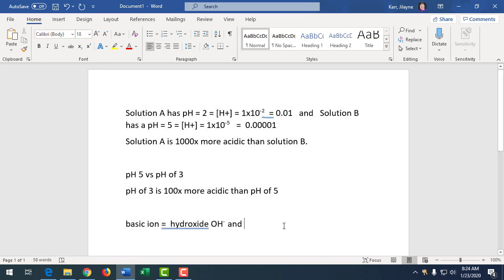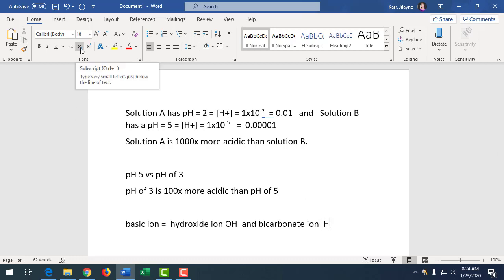Hydroxide ion and bicarbonate ion. So these are bases. When they're released in solution, they raise the pH.